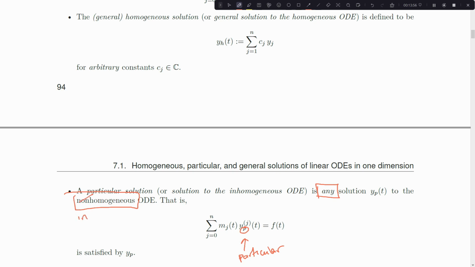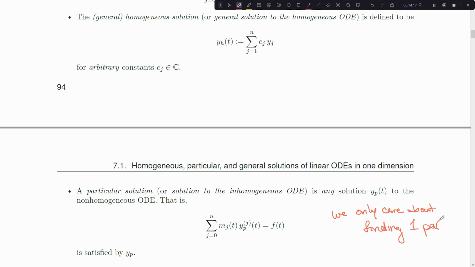The inhomogeneous ODE, if I can find any solution, I just need to find a single solution to this, and I'm going to call that a particular solution. It turns out we only care about finding one particular solution. Even though there are many, we only care about finding one. And I'll show you why in a bit. So we call that a particular solution if it actually solves the inhomogeneous ODE.